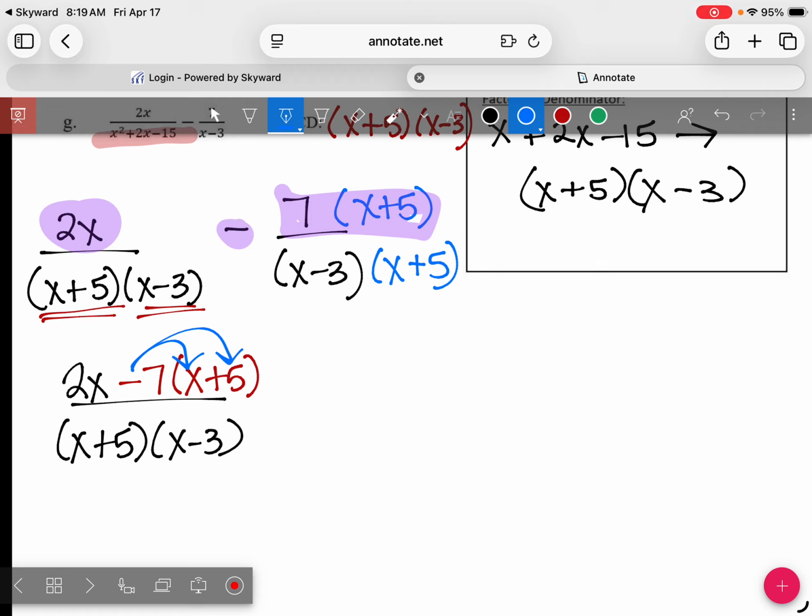So go ahead and distribute the negative 7. And then you combine your like terms.